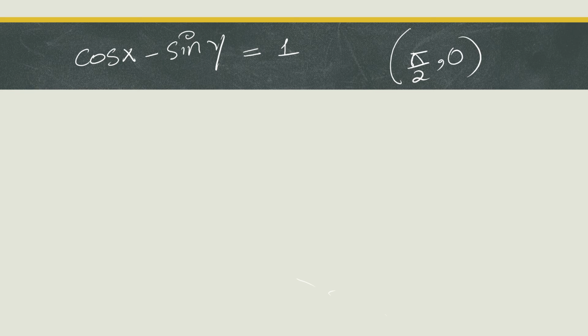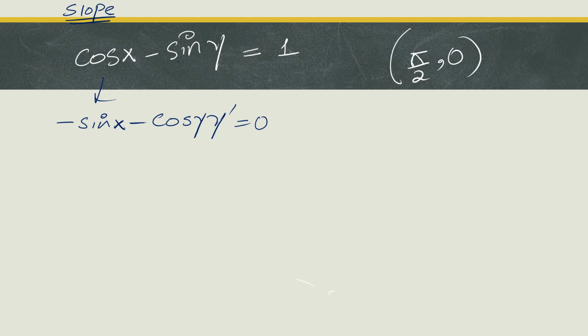Now let's see how to find it. In order to find the slope, the first thing is that you have to find the derivative. So the derivative of cos x is negative sine x. This negative is here. The derivative of sine y is cos y times y prime, equals the derivative of 1, which is 0.